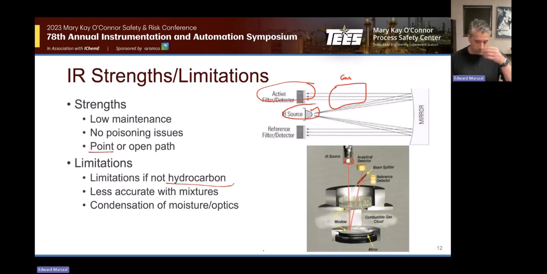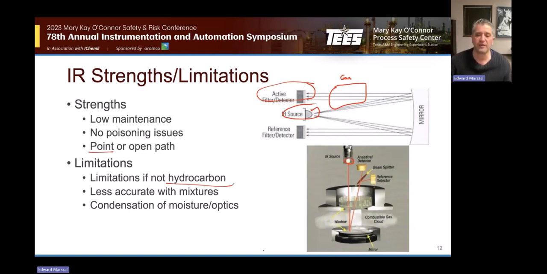Now, I know, for instance, right now, with the green energy future and a lot of push to use hydrogen in energy storage and energy transmission applications, a lot of people are interested in hydrogen gas detection.